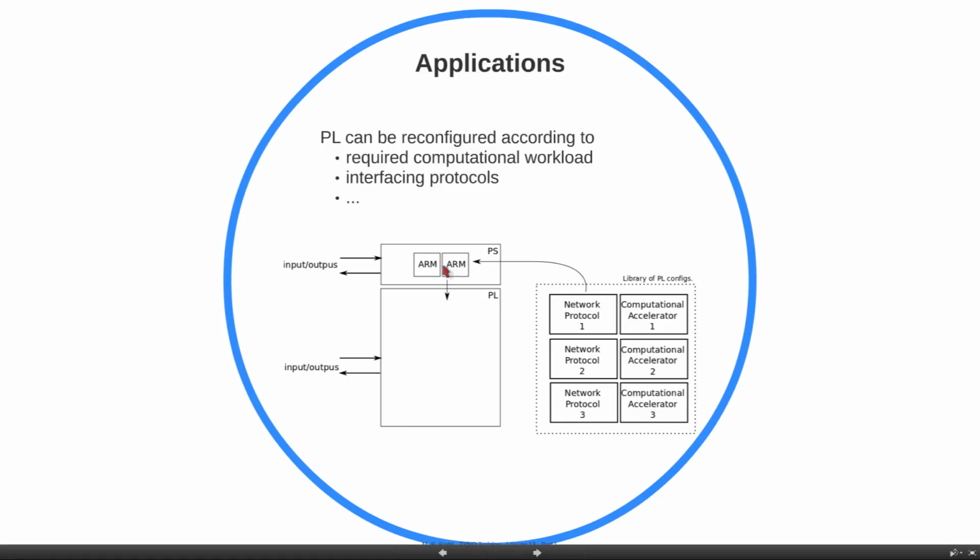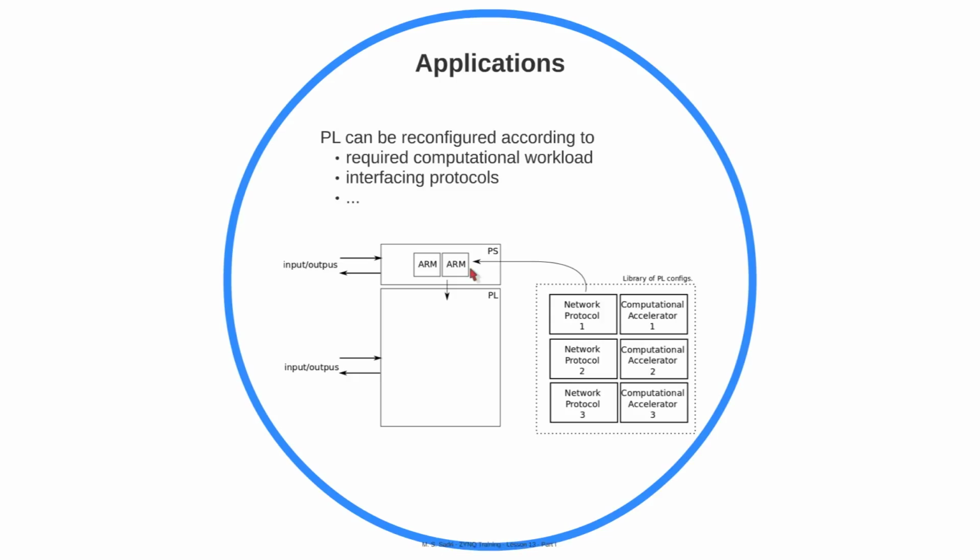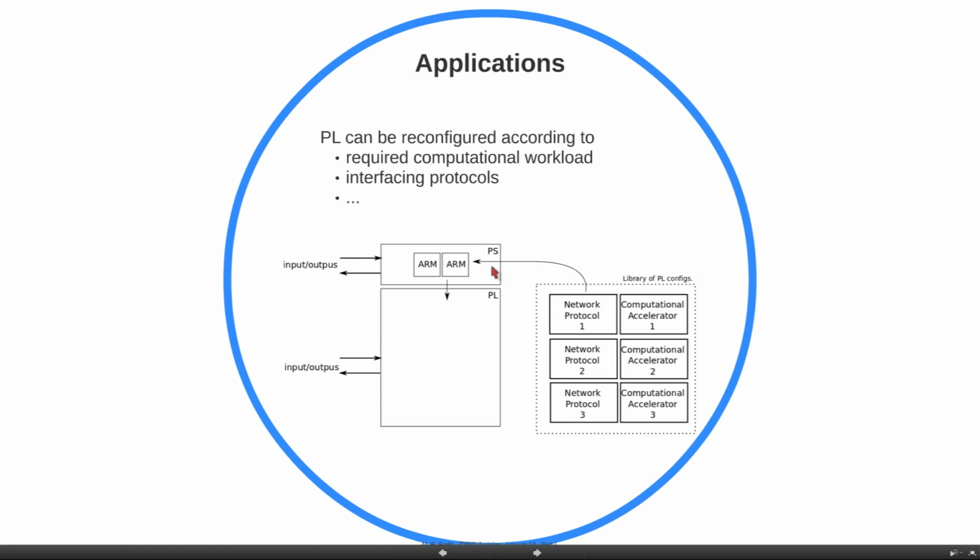So while the ARM host is running the application, at each moment in time, when it sees it requires one of those specific hardware accelerators, it can read the bitstream related to that specific hardware accelerator, and it can reprogram the PL with it, and then it can give the required data to the hardware accelerator and receive the result.